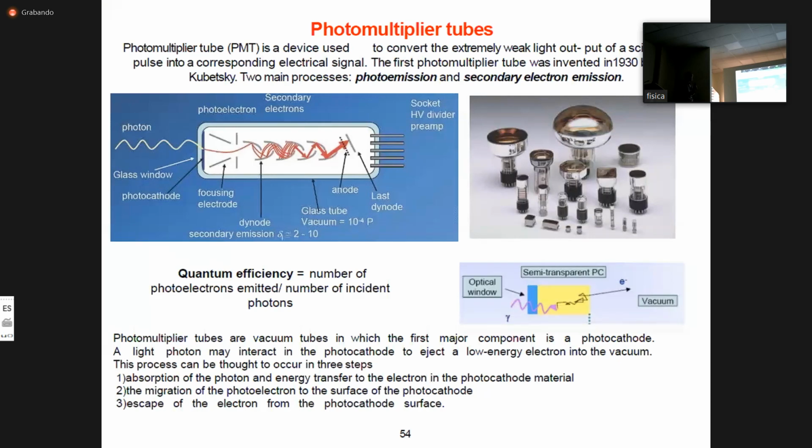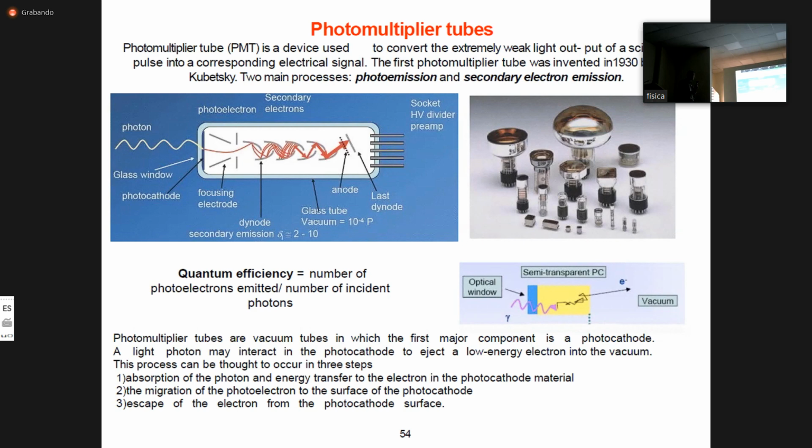And now, despite that this device was developed almost 100 years ago, it remains useful and remains a conventional photodetector which is used in scintillators.